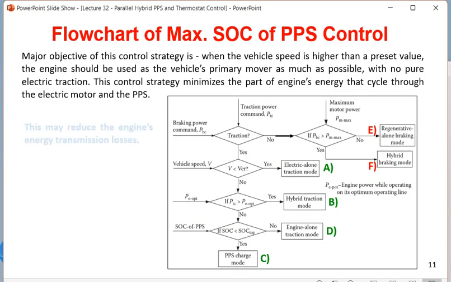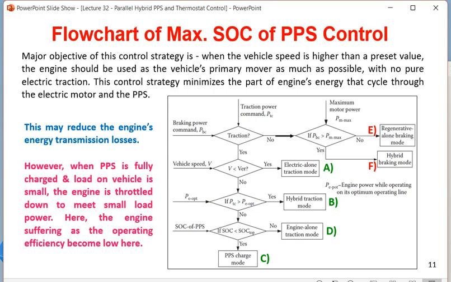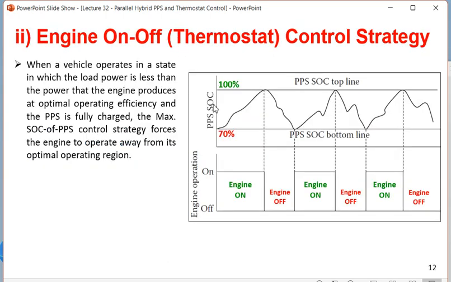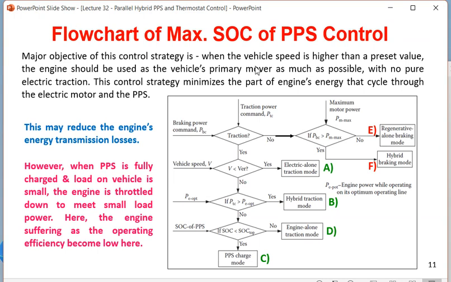So major objective of this control strategy is when the vehicle speed is higher than the preset value, the engine should be used as the vehicle's primary mover as much as possible. Very important point, that when the vehicle speed is higher than the preset value, that is VEB, engine should be used as the vehicle's primary mover as much as possible. That means case B, C and D, with no pure electric traction.